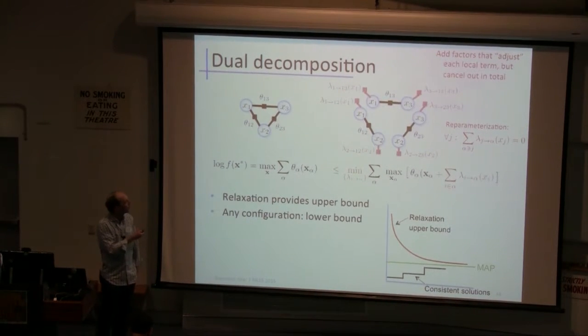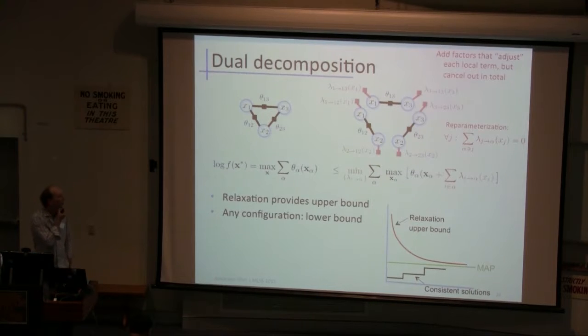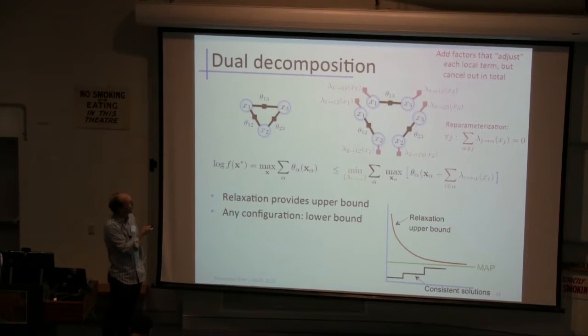When we optimize this, we can simultaneously get upper and lower bounds on our combinatorial problem. So this decomposed bound gives us an upper bound, and as we change this reparameterization lambda, we'll tighten this bound, hopefully toward the actual MAP cost. At the same time, since we're getting configurations of each clique X alpha, it's very straightforward to try to pick a joint configuration X to evaluate.